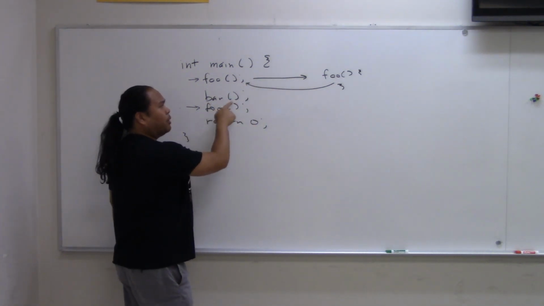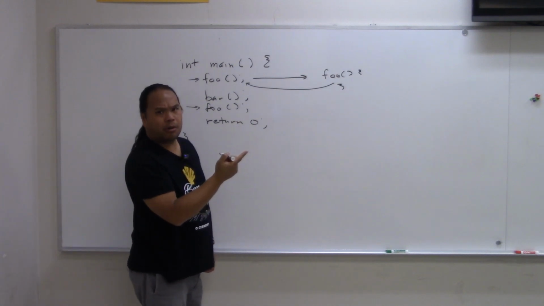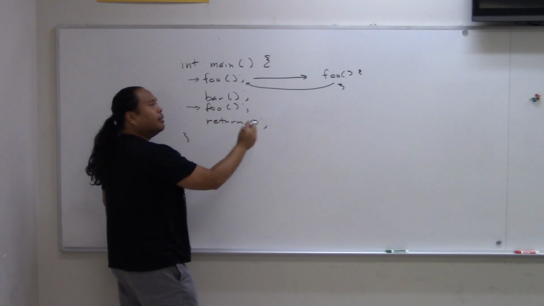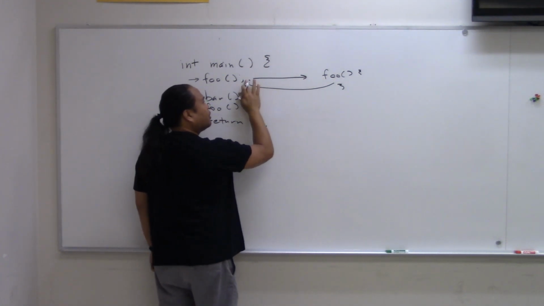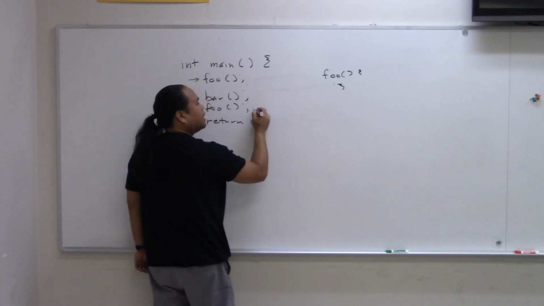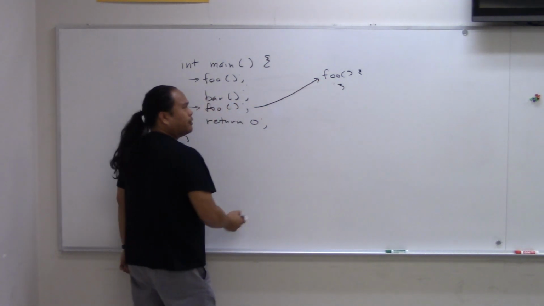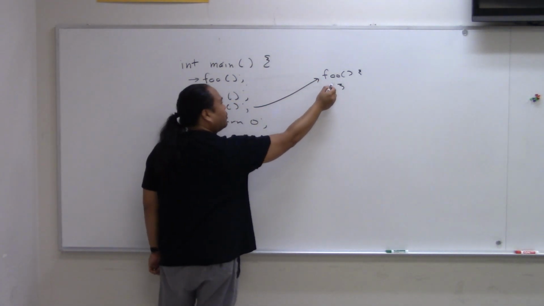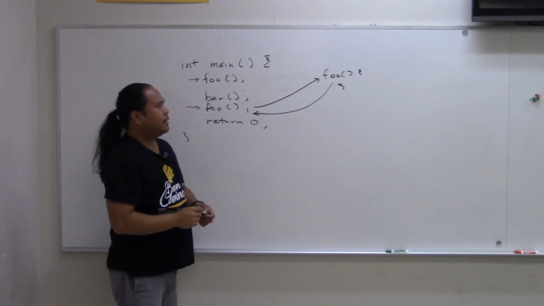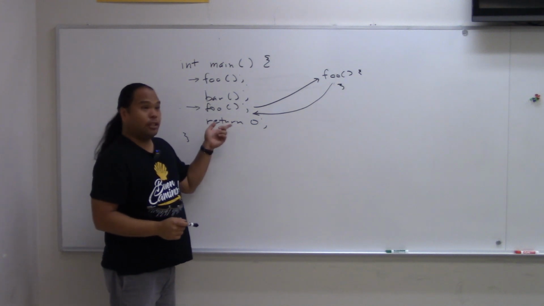Same thing happens with bar. We call another function called bar. Another example here, we call foo, but one of the things I want to point out is that when you call foo this second time, you should still go to the definition of foo, but the point where the flow returns to main is actually different.